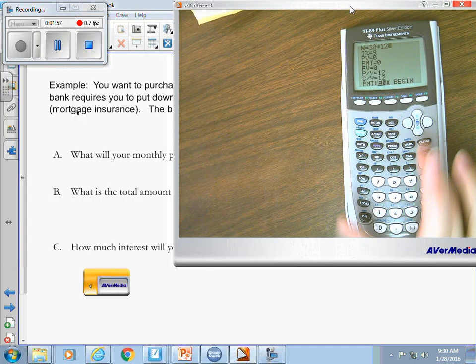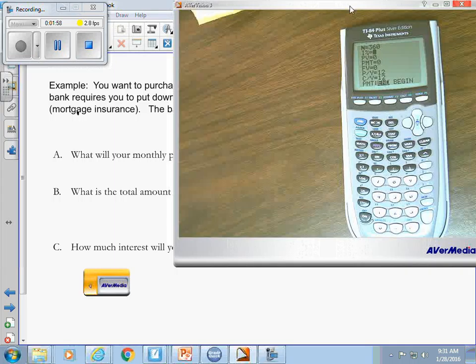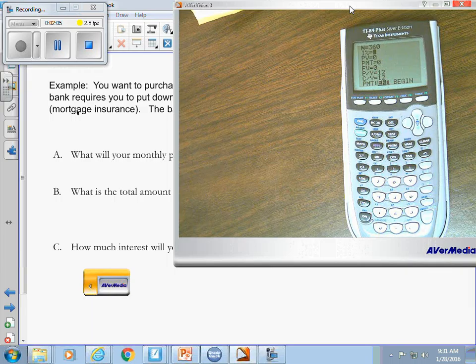Your calculator will do the math for you, so you can type 30 times 12 right there. It works great. For I, that's the annual interest rate as a percent, not as a decimal. So that's a little quirky about the calculator program.